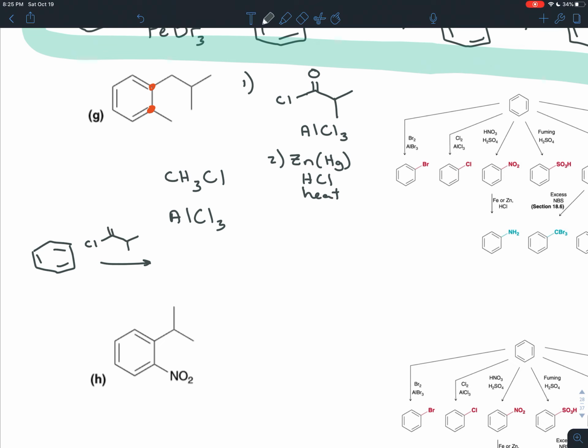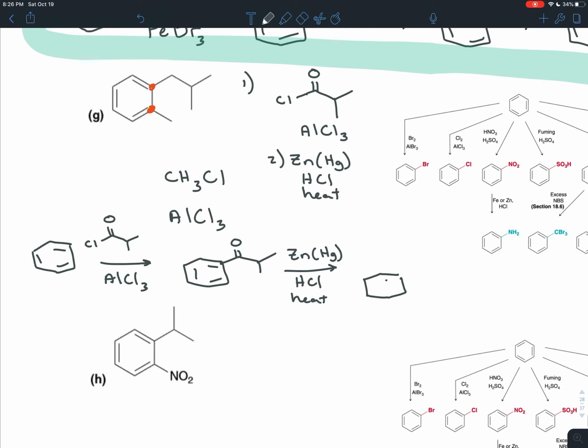So we have this first step, and then we can reduce that with a zinc mercury amalgam and HCl and heat, and that gets rid of those bonds to oxygen, replaces them with bonds to hydrogen.